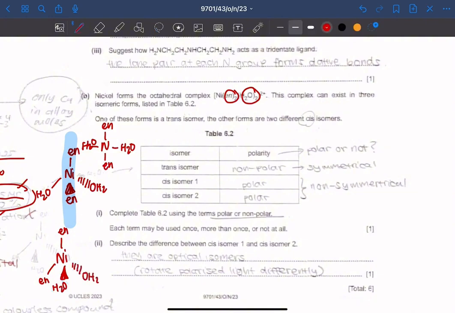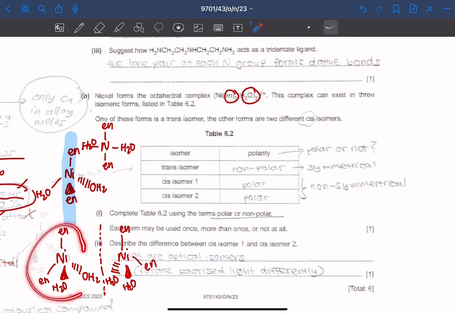This can be mirrored to form the second cis isomer, with H2O and N. And this is the first cis isomer, and the second cis isomer. Because both of them are not completely symmetrical, there's a dipole going in a direction. That's why it is a polar compound.